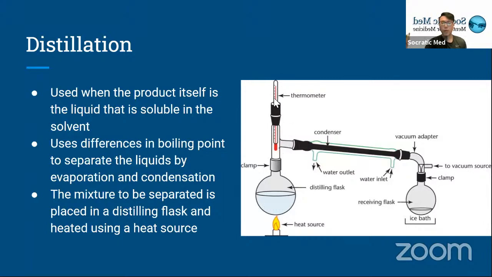And there will be a thermometer attached because you want to monitor the temperature. When you're separating the two liquids, you will have to know the boiling points of the liquids that are in the distilling flask.